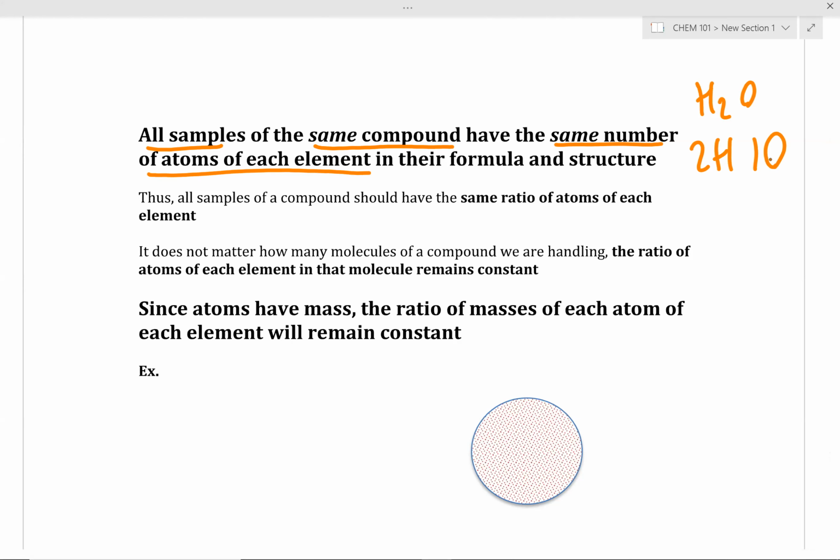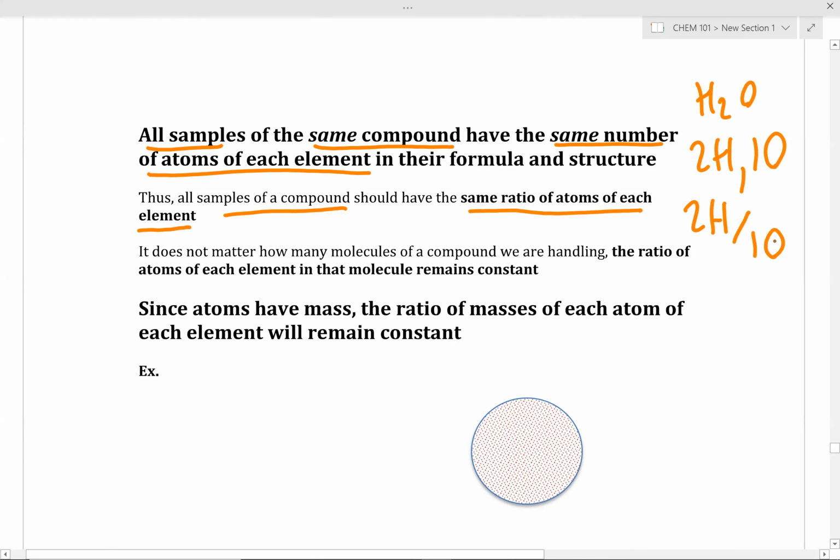Does this also mean that the ratio of hydrogen to oxygen atoms would also be the same? Yes. So samples of a compound should have the same ratio of atoms of each element. So we know that for water, there are 2 hydrogen atoms per every 1 oxygen atom.